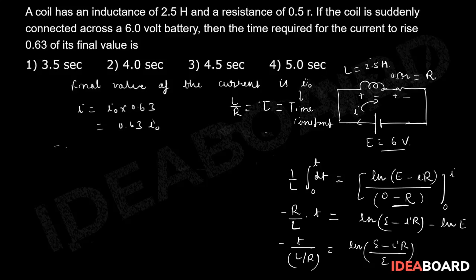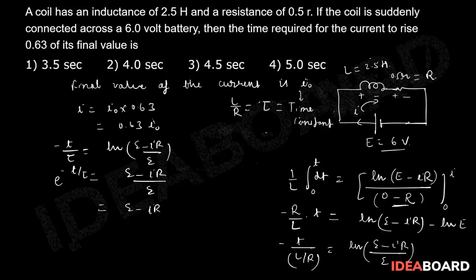So we can represent minus t by tau is equal to ln of E minus IR divided by E only. So I can write e to the power minus t by tau is equal to E minus IR divided by E. So from there I can find E minus IR is equal to E into e to the power minus t by tau.